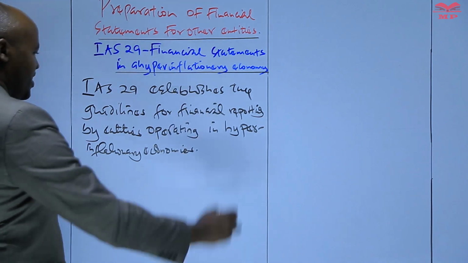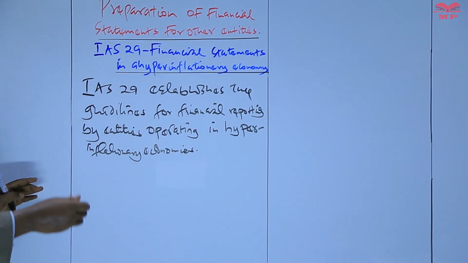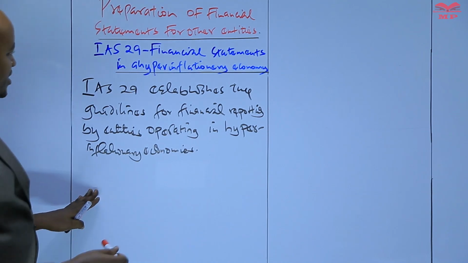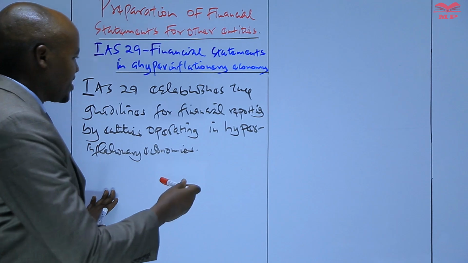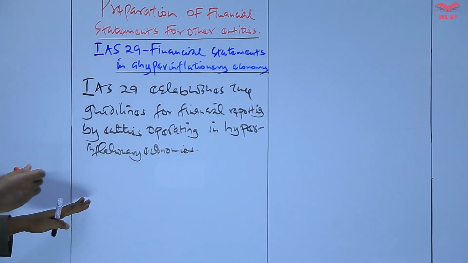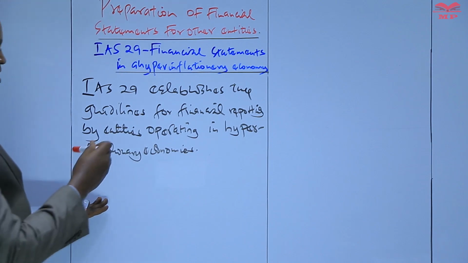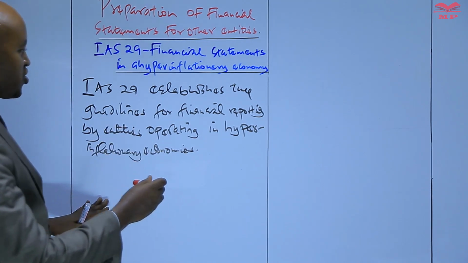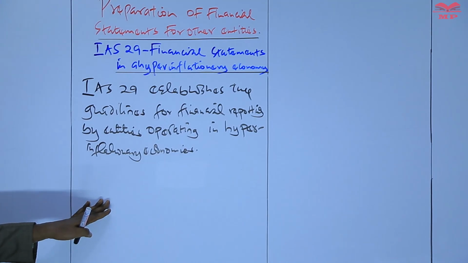Meaning that the main objective of International Accounting Standard number 29 is to establish guidelines to be followed by entities or companies operating in hyperinflationary economies when preparing their financial statements.